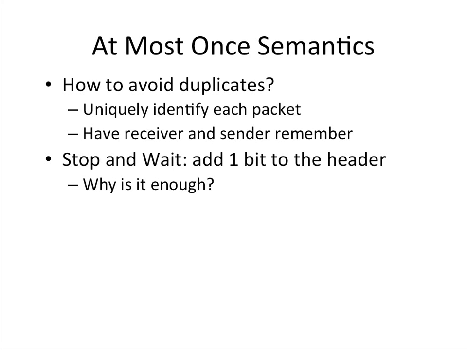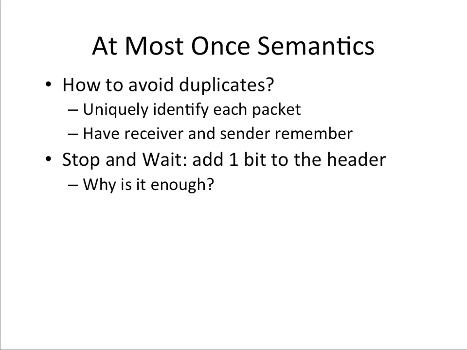A standard technique that we use is putting a packet ID into the packet and only providing unique packets, identified by that particular packet ID, to the application. And if we're talking about a stop and wait protocol, it's actually enough to just add one bit to the header, it turns out.